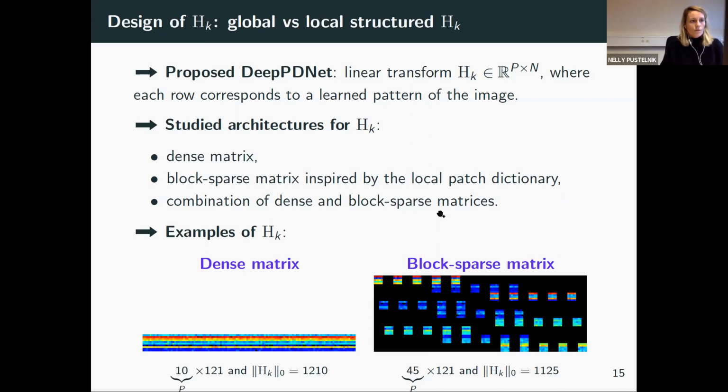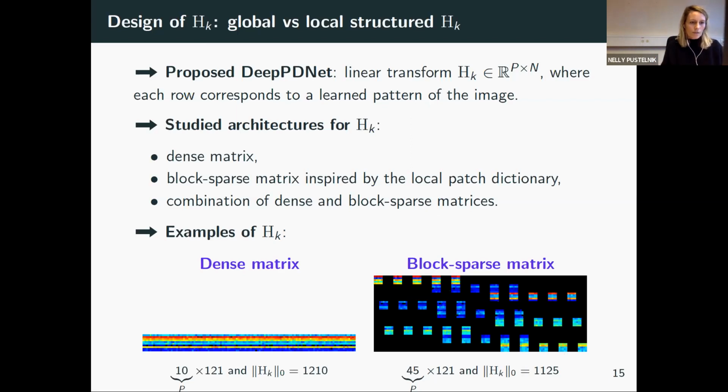You can also have other kinds of matrix, such as a block sparse matrix, inspired by the local patch dictionary. In that case, you have several filters at each location, and you translate them by a few pixels. Here the filter is of size 5 by 5. We have 5 filters at each location, and we shift them every 3 pixels.